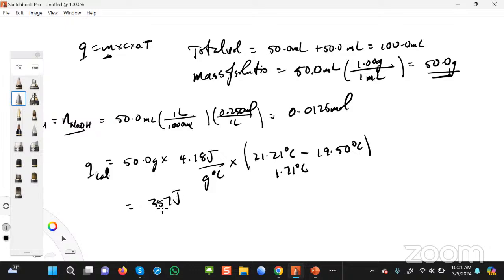All right? So that is the amount of heat that is absorbed by the calorimeter. That would be equal to minus Q of the reaction, right? So therefore, Q of the reaction, which is what the question is asking for, would be equal to minus 357 joules. All right? So that answers that question.